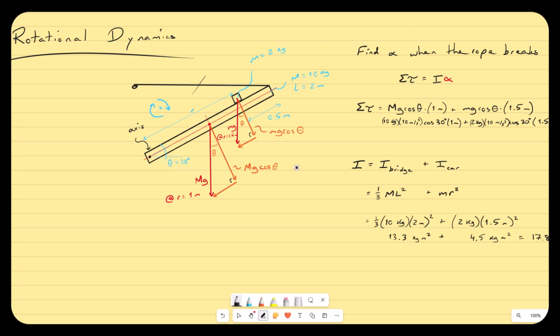First one, 10 times 10 is 100, cosine of 30 is 0.866 times 100 is 86.6 Newton meters. And here I'm going to get 2 times 10 is 20, times 1.5 is 30, times 0.866 is 26.0. So I get a total of 86.6 plus 26 is 112.6 Newton meters.